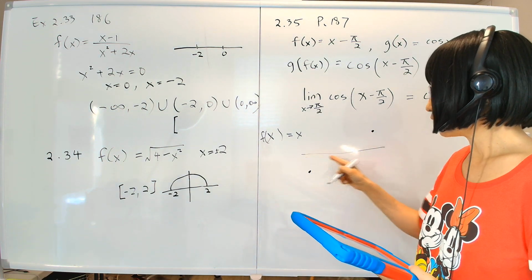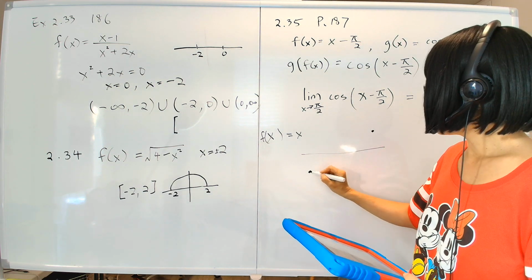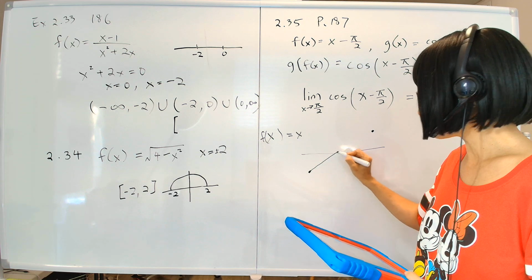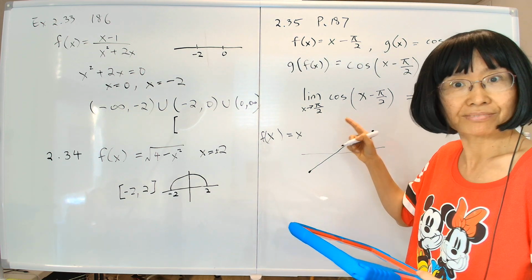If you have a river somewhere in between, then your function must cross the river at some point.